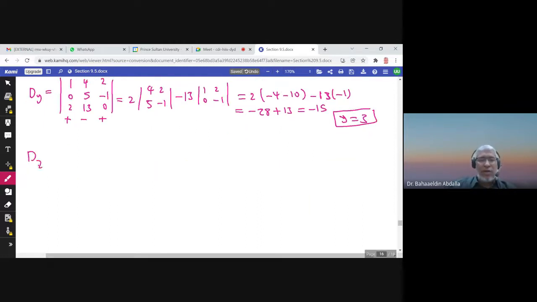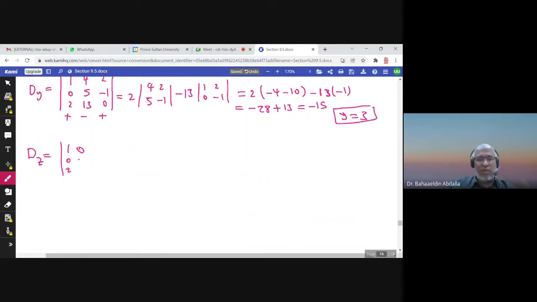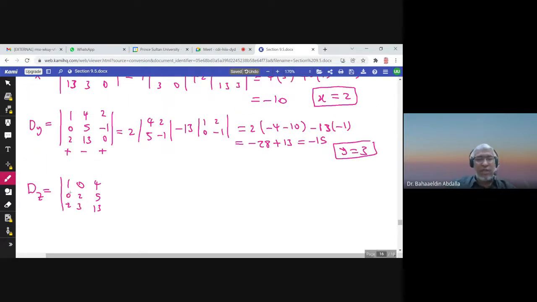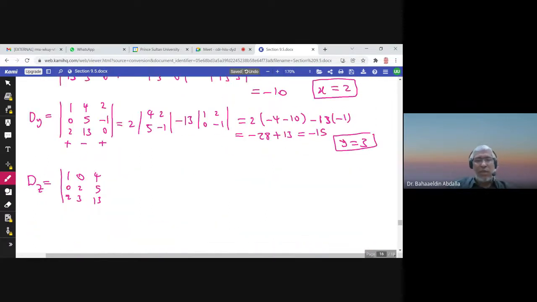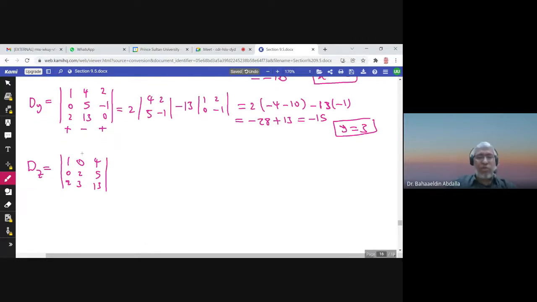Dz finally. The first row as it is in D, 0 2 3 also as it is. And the first two columns the same as D, and write the constants in the last column. And also let me choose the first row.